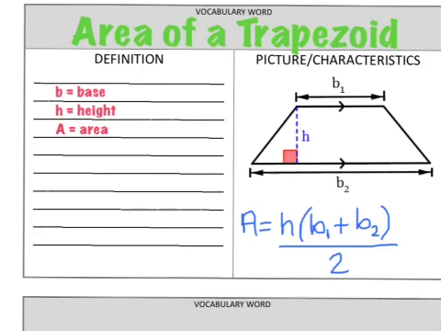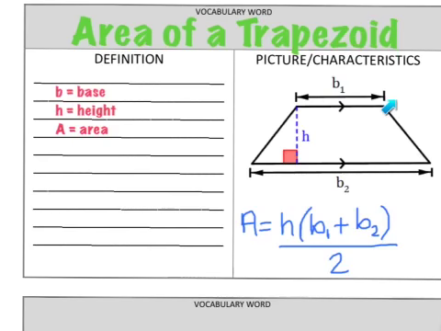Okay, let's look at our last quadrilateral, the trapezoid. Trapezoid, we also look at the base and the height. But now we have two bases that we have to worry about because the bases are not the same length. So we have to work with two different size bases. So we have base 1 and base 2. You're welcome to call this one base 1 if you want and this one base 2.